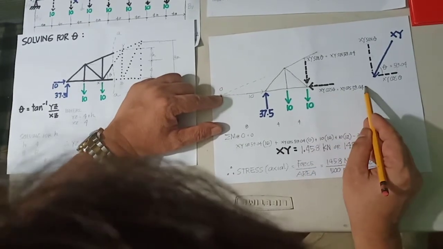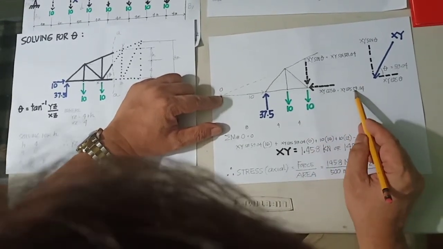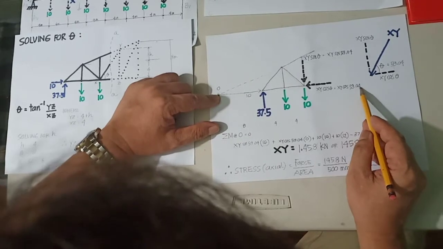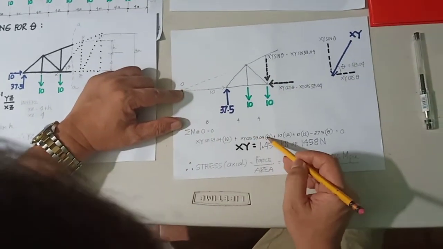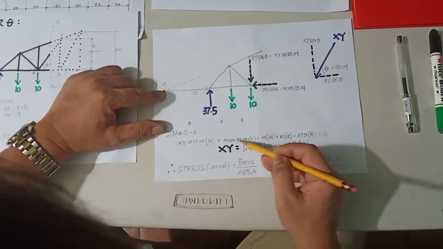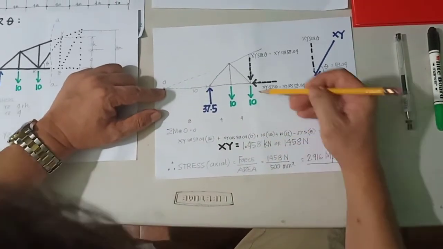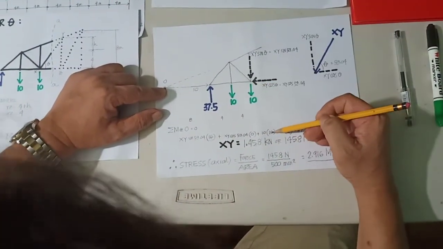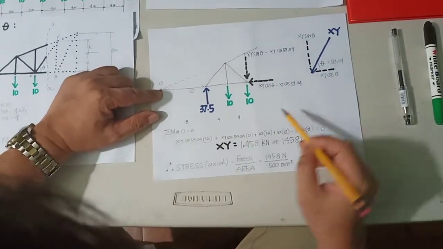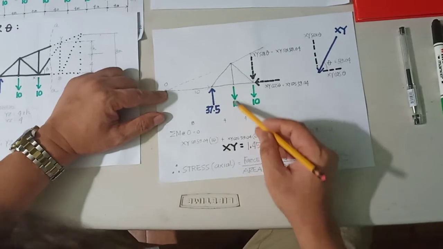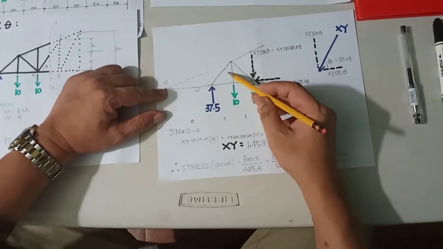XY cosine 59.04 has a lever arm of 0. Then you have 10 multiplied by 12, remember, these are forces going in the clockwise direction.